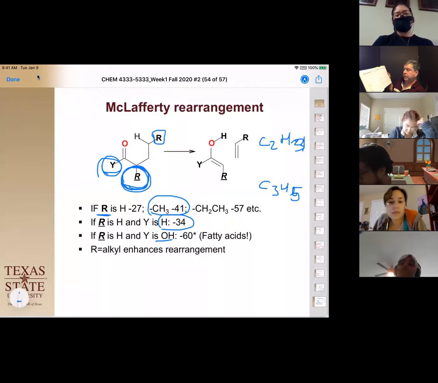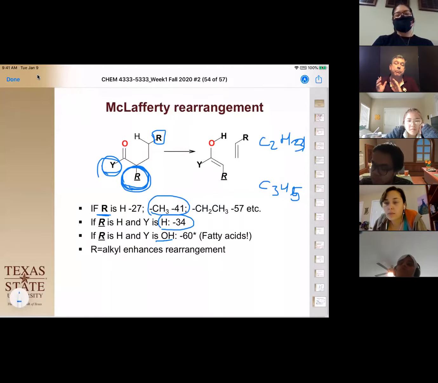So it's basically losing a fragment that's related to a carboxylic acid, okay? So that's how to look at the different fragments leaving from a McLafferty rearrangement as to showing you where the chains are. Are they on the carbonyl side or are they on the carboxylic acid side?